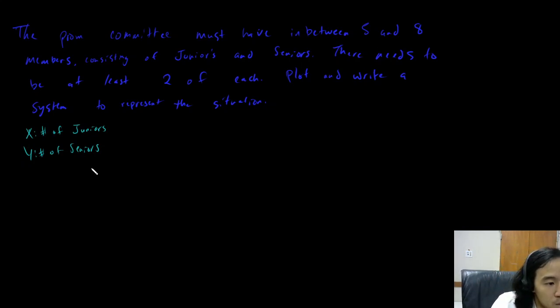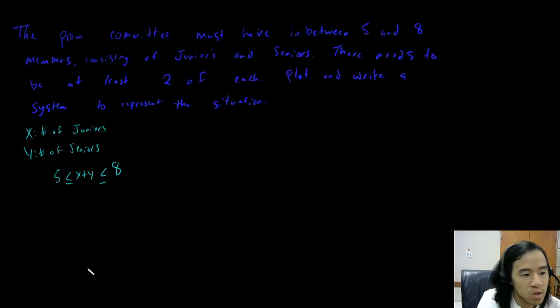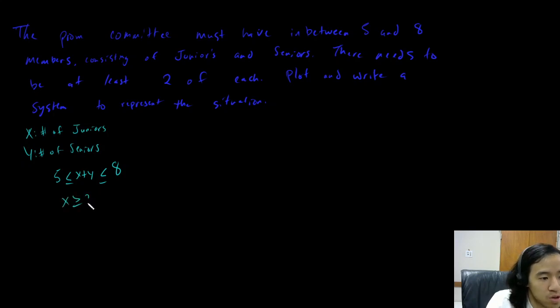All right, so the prom committee must have in between 5 and 8 members. So that means x plus y must be in between 5 and 8. Let's make this inclusive. There needs to be at least 2 of each. So x has to be greater than or equal to 2, and y has to be greater than or equal to 2. All right, so we need to plot and write a system to represent this.